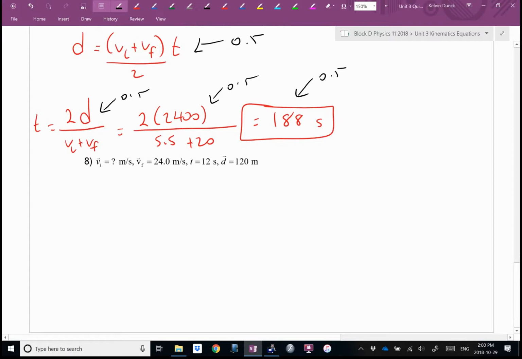Last one. Same equation. No yawning. Ooh, this one's the toughest. I want to get the VI by itself, so I'll fall back and I'll go very systematic. What's going to drop down like a domino, Evan? Yep.